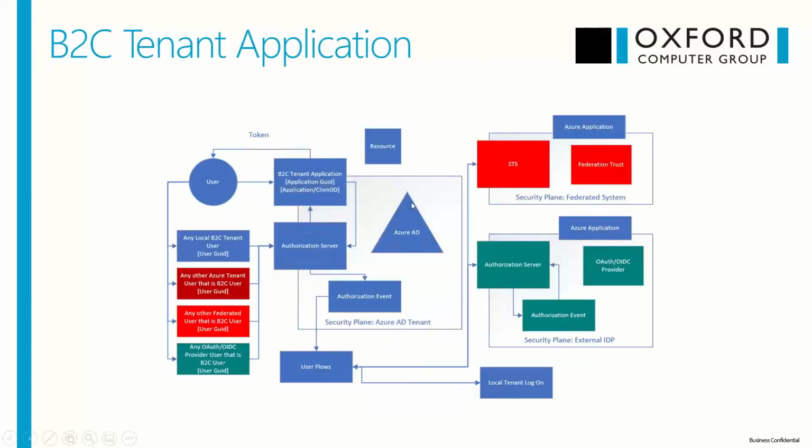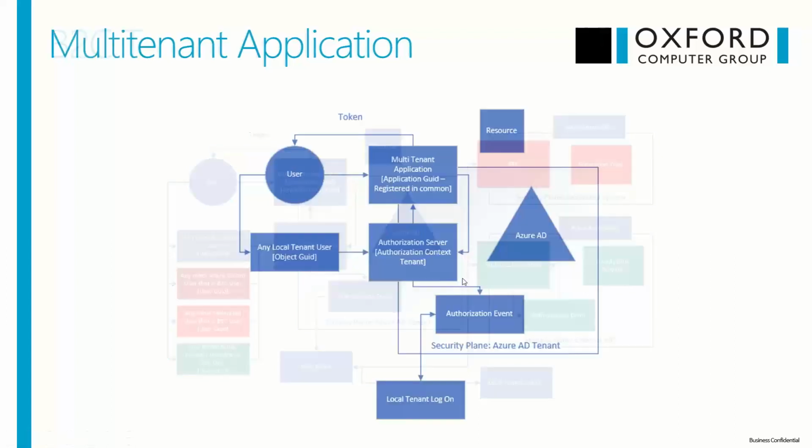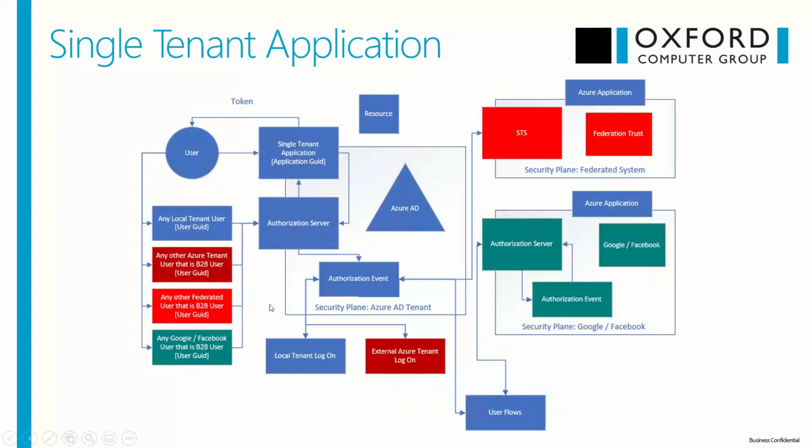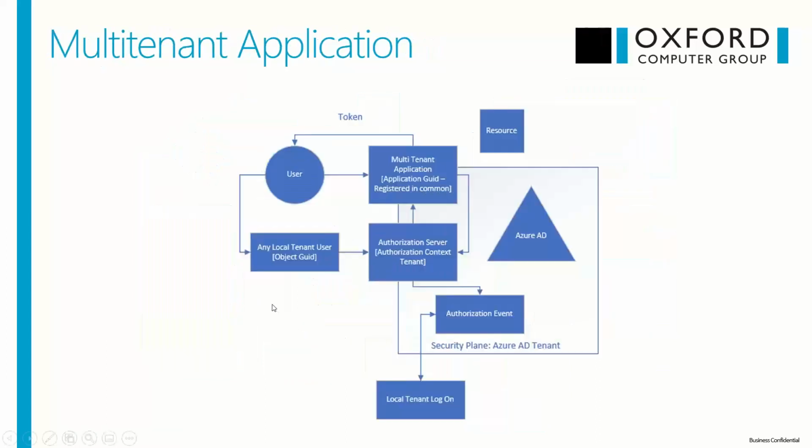So let's look at a B2C application. If you look at a B2C environment here, this looks really, really similar to this environment here. And in fact, Microsoft is merging this so that eventually these two environments will be the same.